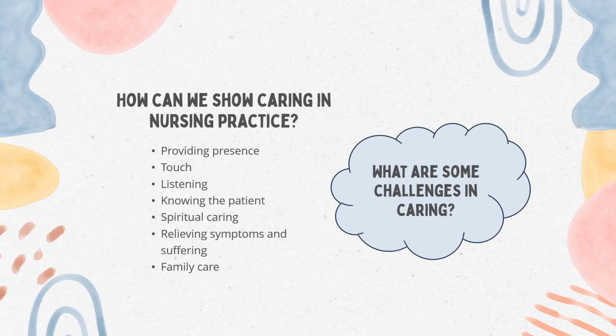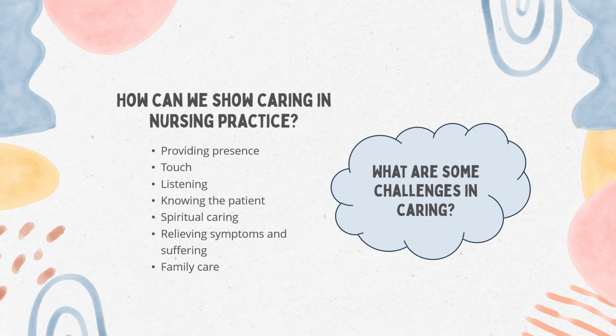But then there are challenges to caring. So what are some challenging factors? That may be time constraints, staffing shortages, emotional burnout, and compassion fatigue that the nurse may feel. Cultural and language barriers may provide a challenge, certain ethical dilemmas. Then technology and task-oriented care. So we rely heavily on our electronic health records, alarms, and procedures.